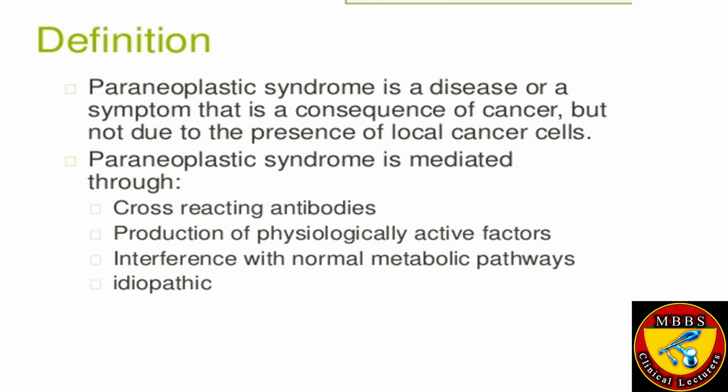The table is 7.11, and in this table the different types of clinical syndromes are given with their major forms of underlying cancer, and the mechanism, or the exact etiology if known, is also mentioned. For example, the first one is Cushing syndrome.